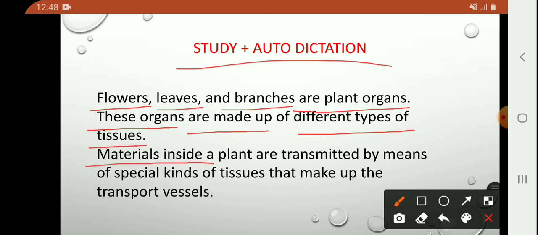Materials inside a plant are transmitted by means of special kinds of tissue that make up the transport vessels. يعني الأوعية اللي بتمتص الماتيريال الووتر والnutrients from the soil بيطلعوا على leaves والstems by a special kind of tissue. It's the xylem tissue which is responsible for transporting, امتصاص, water and nutrients from the soil.